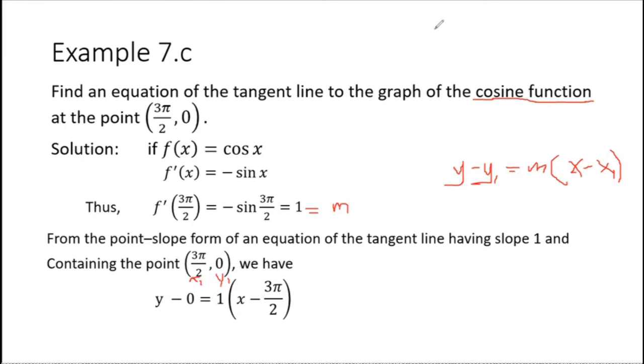Then let's manipulate this. Y minus 0 is still y. Then distribute the 1, so we have x minus 3 pi over 2. So for the question to find the equation of the tangent line, this is now our equation of the tangent line: y equals x minus 3 pi over 2. And that's it.